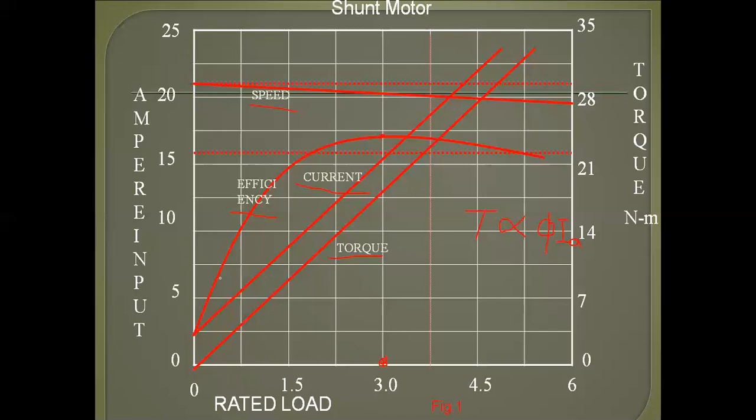Next, coming to the performance characteristics of armature current, you can see this is the armature current and output power curve. A certain value of current is required even when the output is zero. You can see here the output is zero, but a certain amount of current is required.